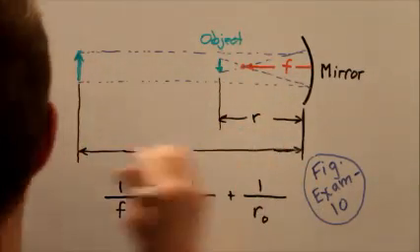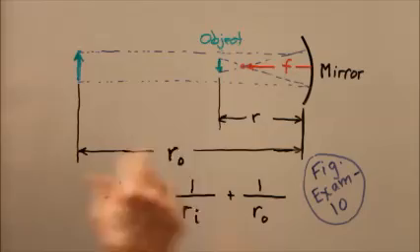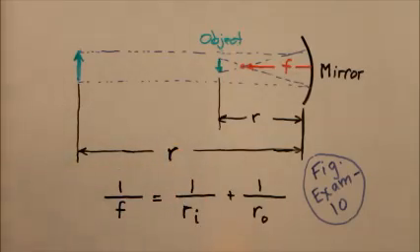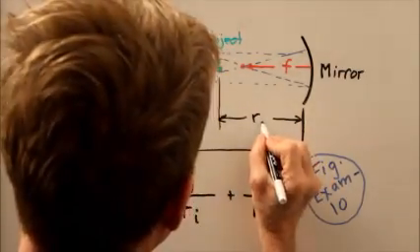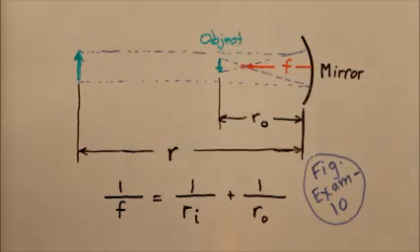Then this would become r sub 0 right here, the distance to the object. Okay, the distance to the object is 1.2 times the mirror's focal length.